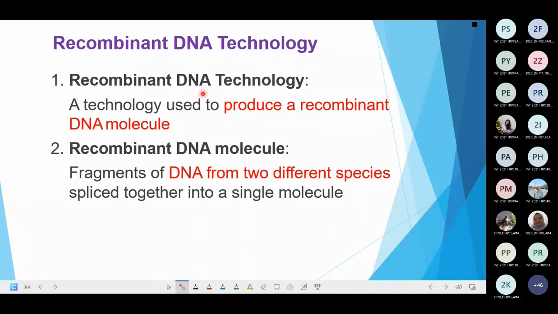Maybe one DNA molecule from one organism is joined with another DNA molecule from another, different species, and this produces a new type of DNA molecule, which we call the recombinant DNA. Why recombinant? Because it is a combination of two molecules of DNA from two different species.